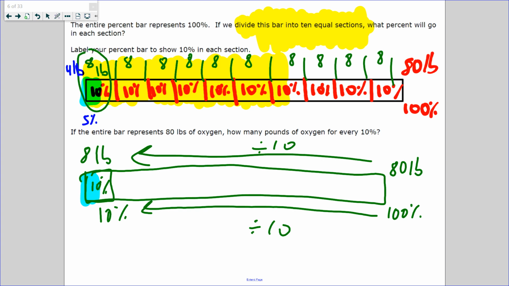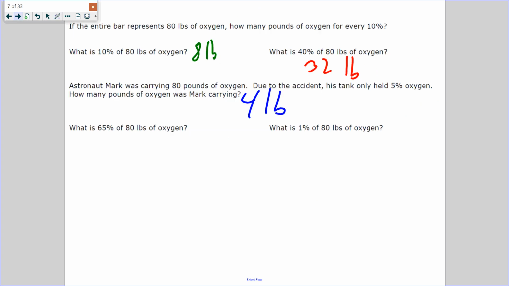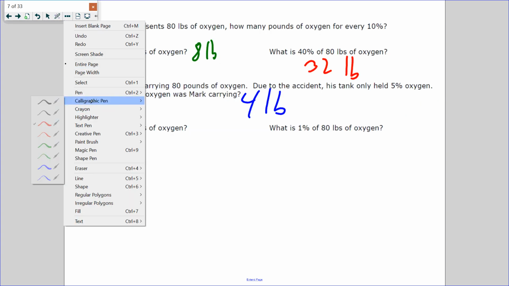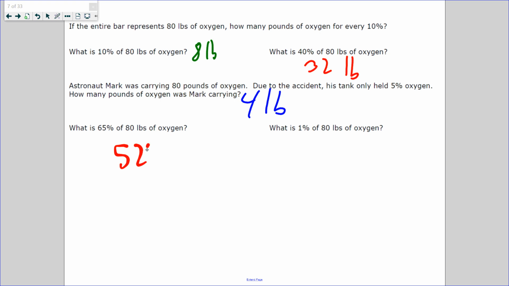So 1, 2, 3, 4, 5, 6 groups of 8. 6 eights is 48. Plus 5%, which is 4, will be 52. So this would be 52 pounds. Again, how did I get that? I saw 6 groups of 8 plus 4 makes 52.